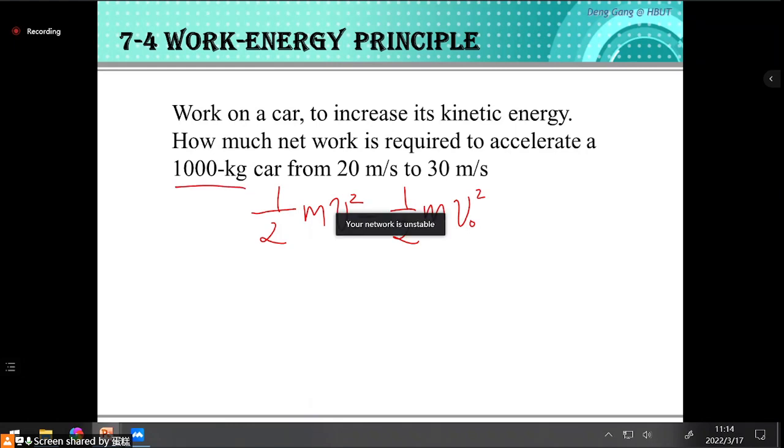V is 30, V0 is 20. So that should be equal to the work required. So let's see. Okay.